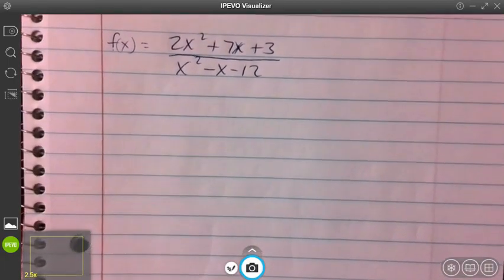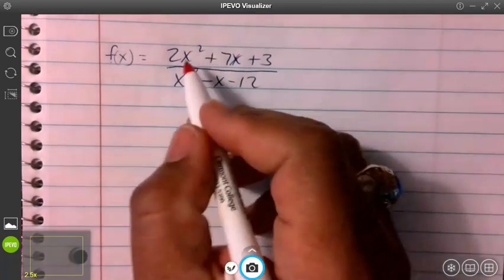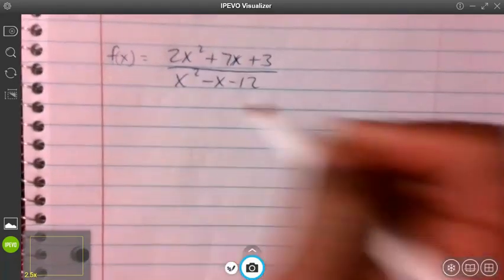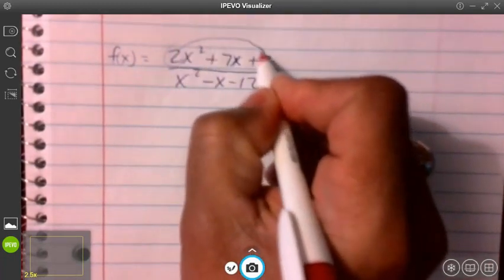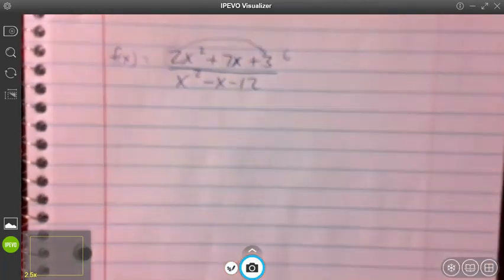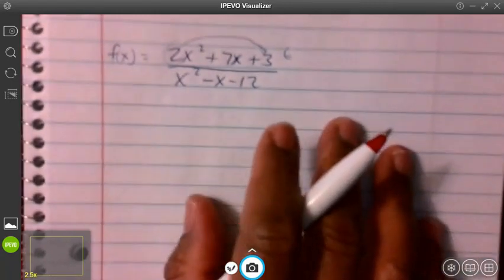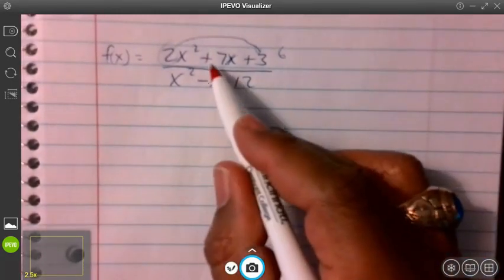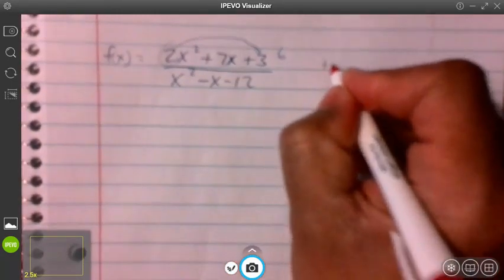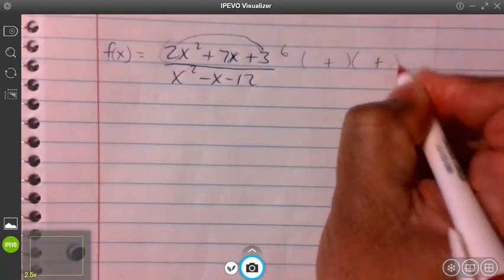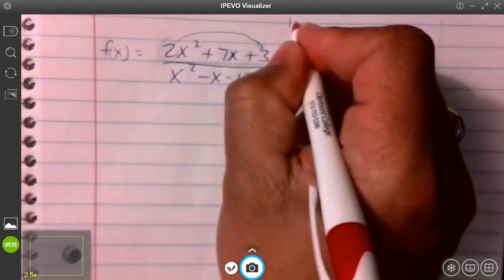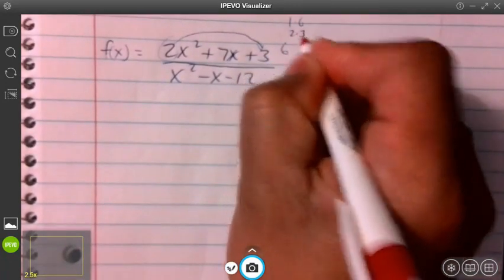Again, you want to factor. All right, so remember we're going to factor top and bottom. So remember when you factor, we have a leading coefficient of 2 multiplied by here, we get 6, right? So again, plus and plus will be plus and plus in your parentheses. Factors of 6 are 1 times 6, 2 times 3.